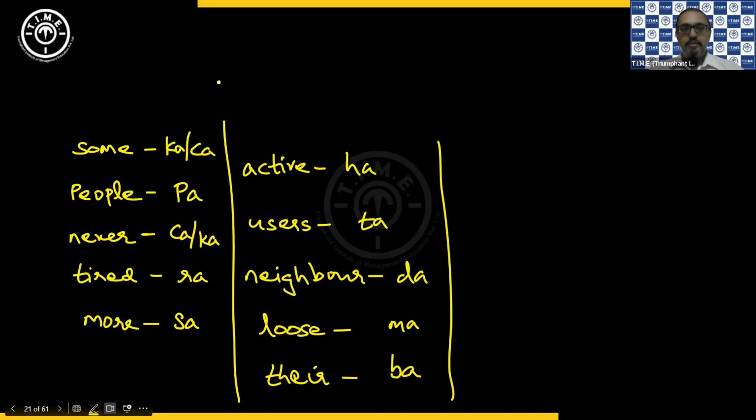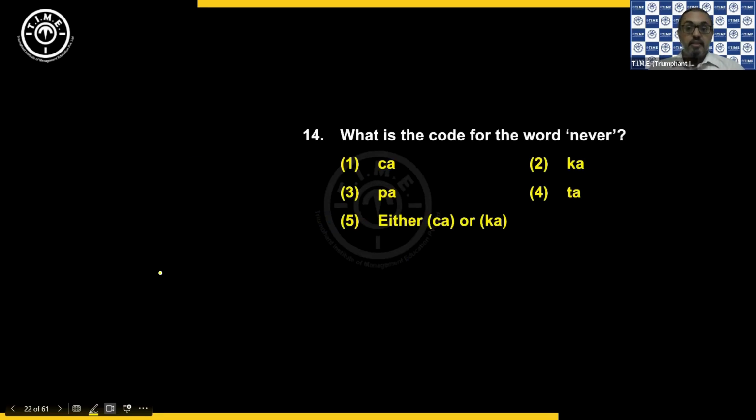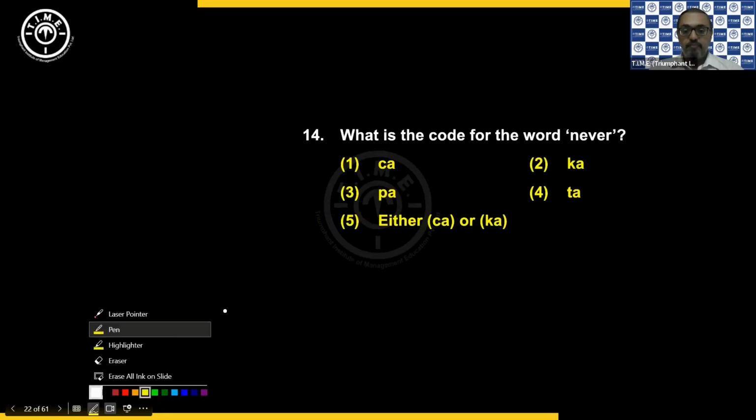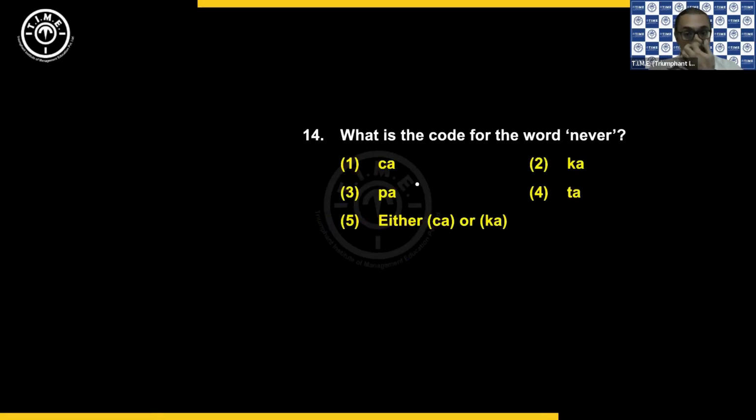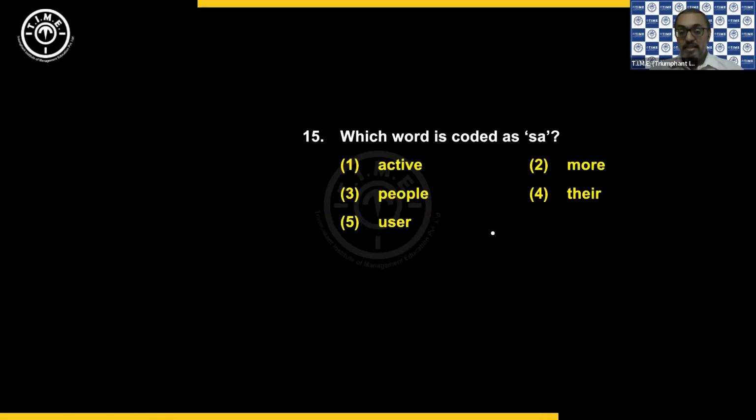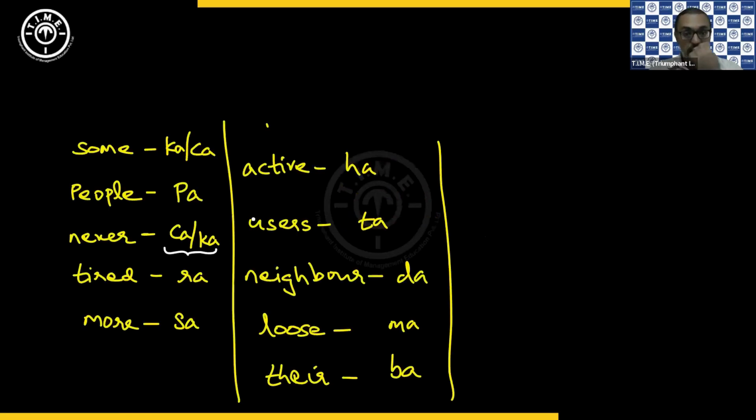Okay, right. Now, what is the code for the word never? Now, for the word never, we have CA or KA. Now, because it says, fifth option, either CA or KA. Correct? Choice 5. Now, which word is coded as SA?